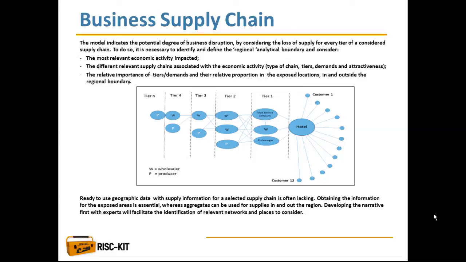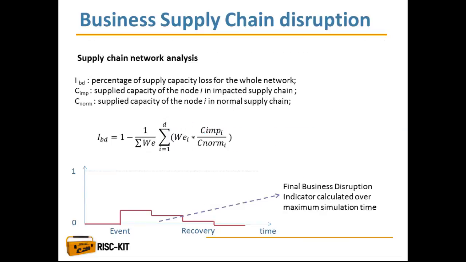So for that, the businesses need to be precisely geographically defined in the exposed area, but they also need to be represented outside the exposed area. But there, their location is less important. The network analysis consists of assessing the change in the supply capacity of every node of your supply chain.